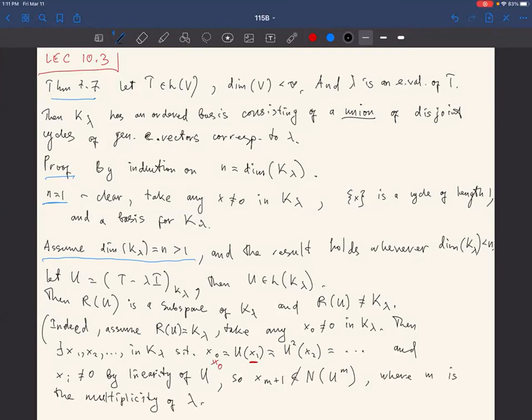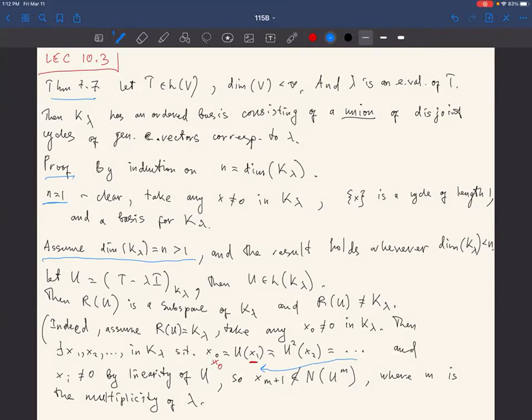The sequence can be continued for as long as needed. So in particular, if we take m to be the multiplicity of lambda, just some finite number, you can generate the sequence long enough so that you have x(m+1), and it's not in the null space of the mth power of the operator. Because if you apply u m times to it, we're just going back down the sequence. If I keep applying u here, we don't get 0. So it's not in the null space if we apply u m times.